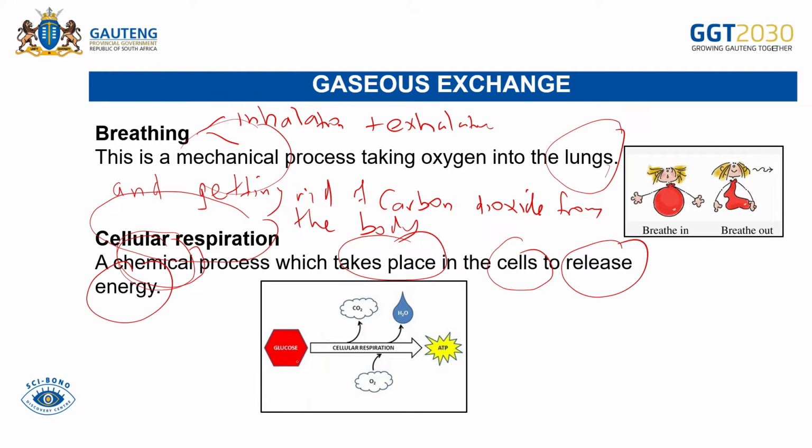And here you can see what the chemical process is. You can see a glucose molecule, which you remember was made by photosynthesis in plants. Yes, that glucose that we take in as food is going to be carried by the blood to the cells, and at the cell, there is something very important, learners, and that is called the mitochondria.